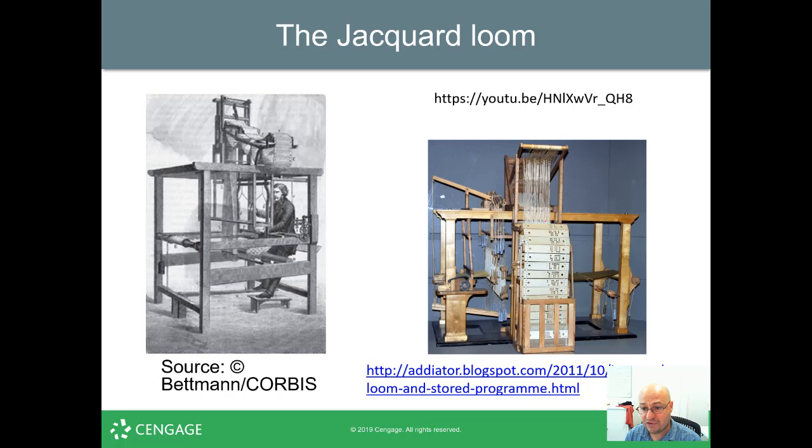The machine would read these patterns with these needles here and then apply distinct patterns on the looming task. So this is basically a mechanical computer, a programmable computer. Because if you change the operations, if you change the code, the machine is going to generate other patterns, right?